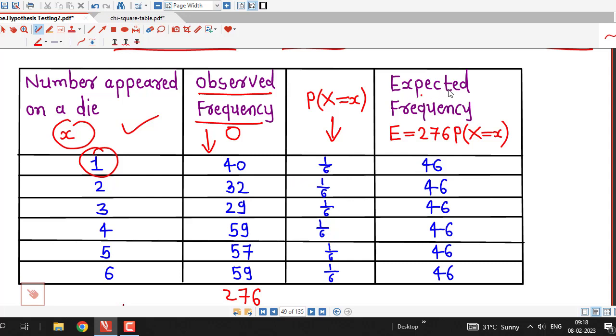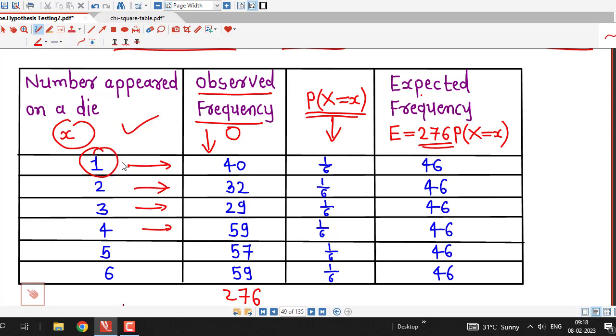And expected frequency is obtained by multiplying these expected probabilities by the total number of throws, that is 276. And there are equal numbers for expected frequency for each of these numbers.